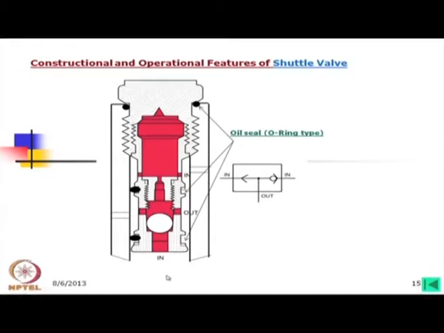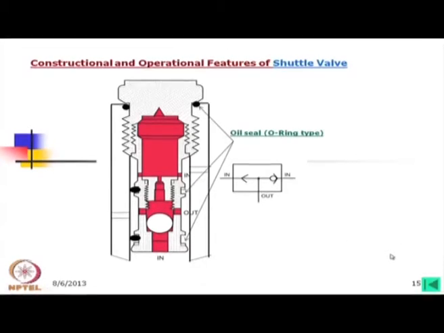Now, suppose there is a flow, then simply this ball will go here and oil will go through this and go to the main system or maybe to the drain. Suppose oil is coming through this point, then this will be closed and oil will go out through this one.